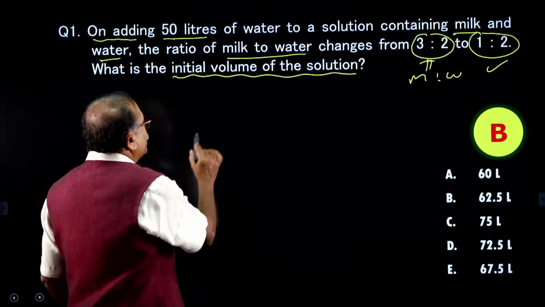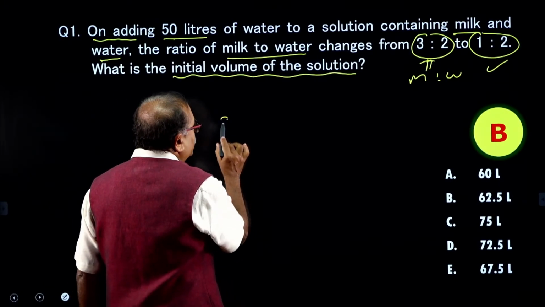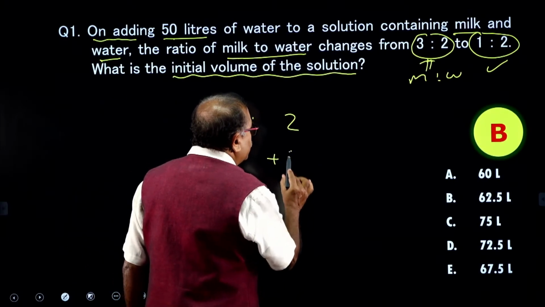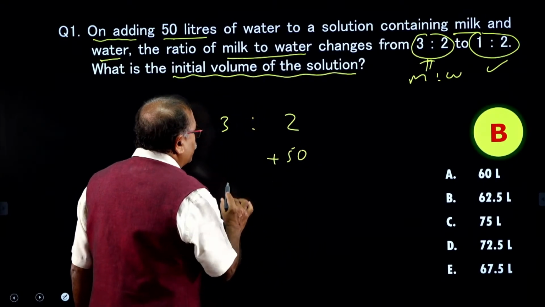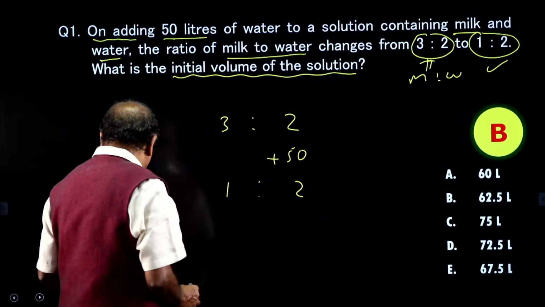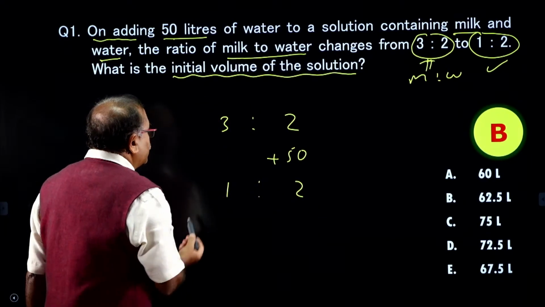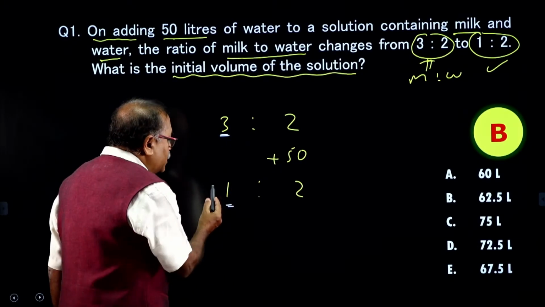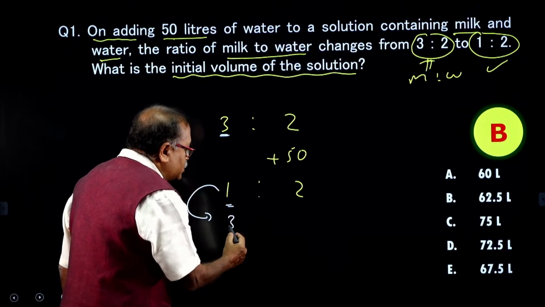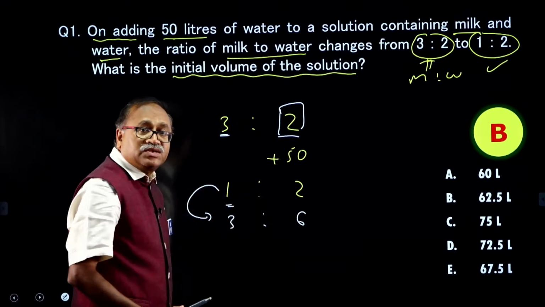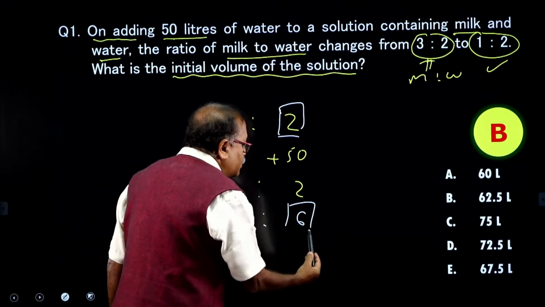So, here I know that the milk and water ratio is already 3:2, and by adding 50 liters of water, the ratio becomes 1:2. So, there is no change in the milk. What I do, if this is 3 parts, make it also 3 parts, multiply this whole ratio by 3. So, this is 3:6. So, the water was 2 parts earlier and then it becomes 6 parts.